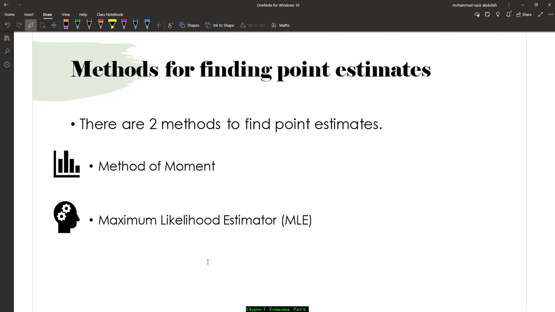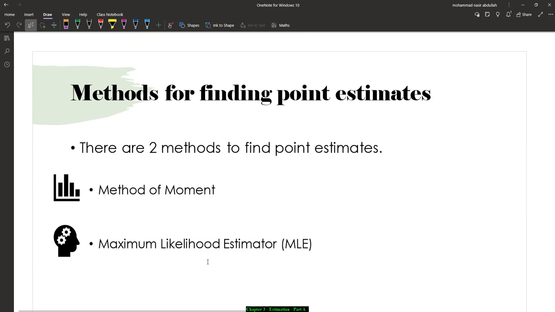Basically, there are a lot of methods available, such as the method of moments, which is a method that we're going to learn. Another one is the maximum likelihood estimator. The methods not covered in this subject are Bayesian estimation, method of least squares, and likelihood ratio. We're not going to learn all of those. We're going to focus on these two methods only: method of moments and maximum likelihood estimator.